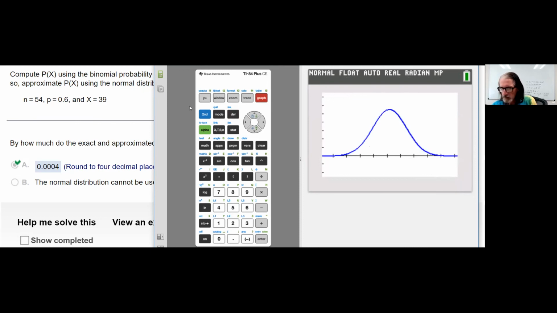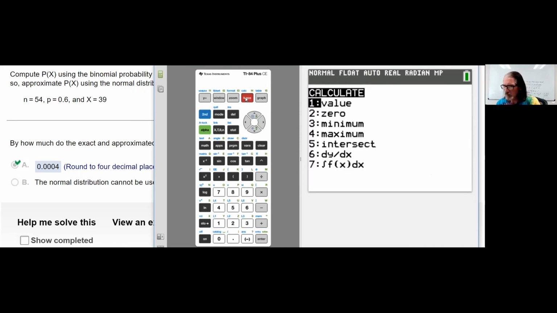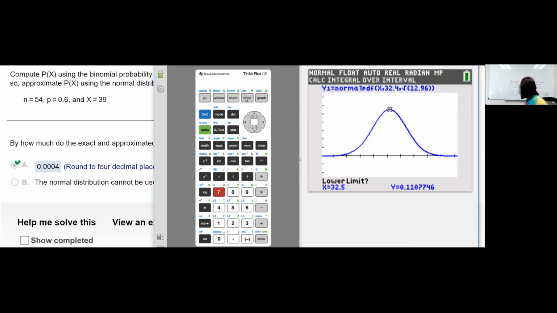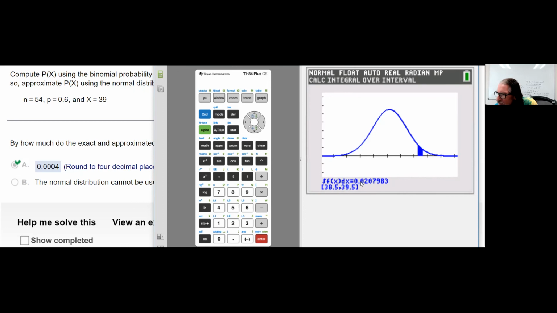Now, what I wanted to show was if I go to second and then trace, calc, and choose number 7, give a lower limit of 38.5. No z-score needed here. And 39.5 gives us a nice sketch. And it's giving us, when rounded, 0.0208 as well. All right, going to move on to another example.